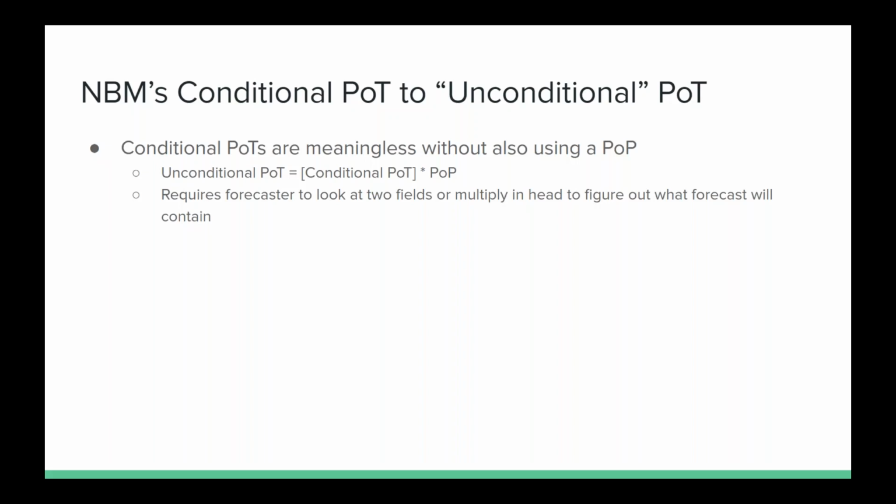And like this statement here says, conditional PoWTs are meaningless without using a POP. So conditional means if I were to have precipitation, what would that type be? And then when you get the unconditional, that means I'm going to also now include what's that chance of seeing precipitation.